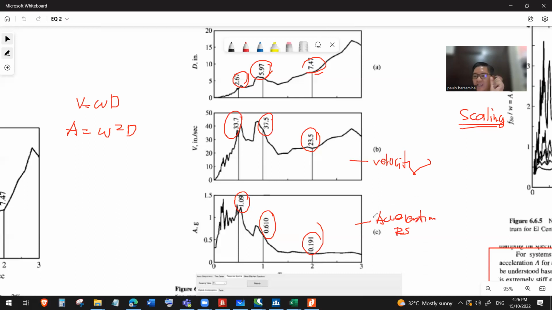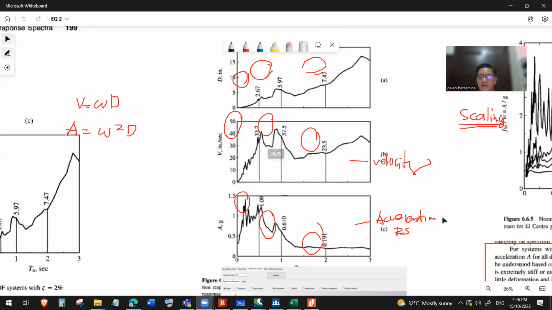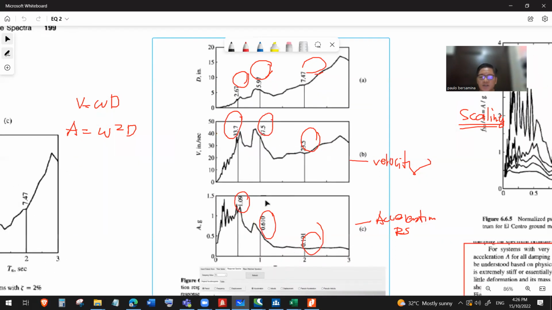So basically, importante talaga yung deformation. And after getting the deformation, multiply each of that value by omega or omega square to plot the acceleration response spectra. Okay? And this is the result, right?